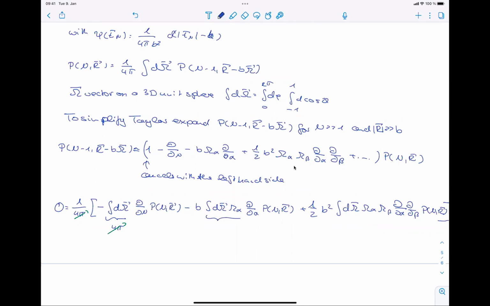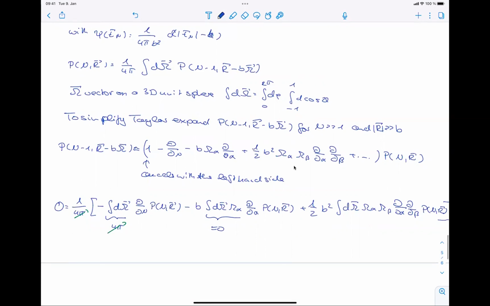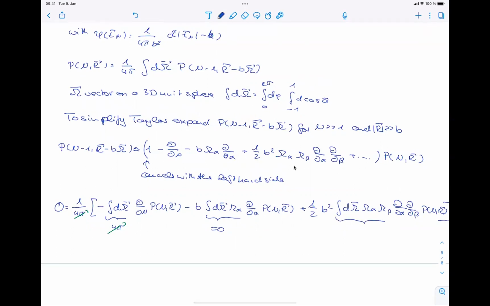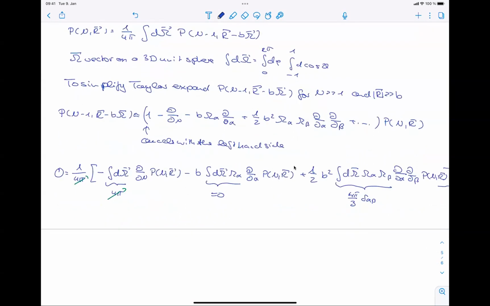But since the sphere is symmetric, and I'm summing over antiparallel directions over the whole sphere, this integral is equal to 0. It only differs if I have the two vector components, because if they align in a specific direction, I get the contribution of 4 pi over 3 delta alpha beta.